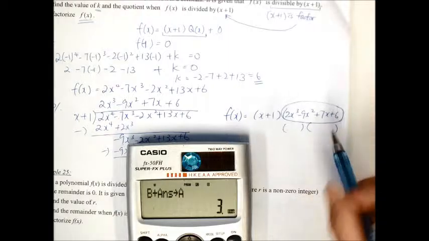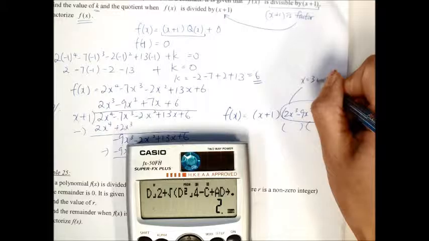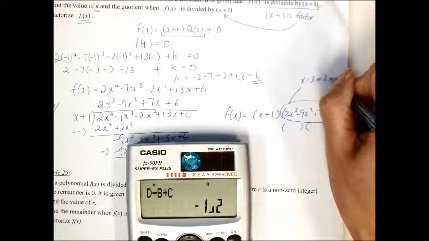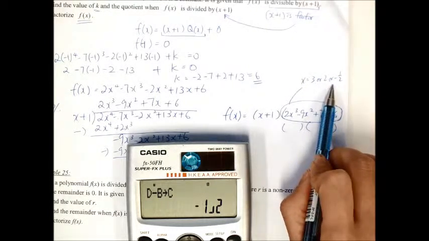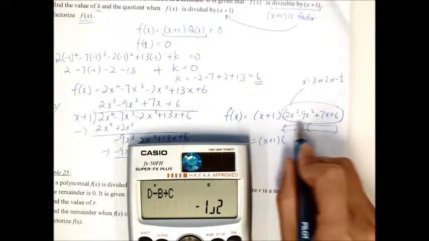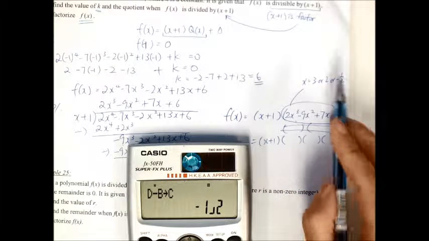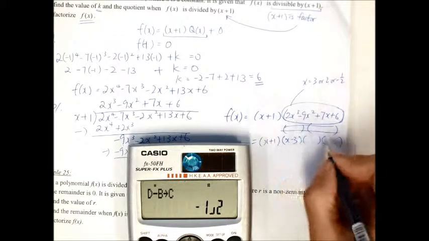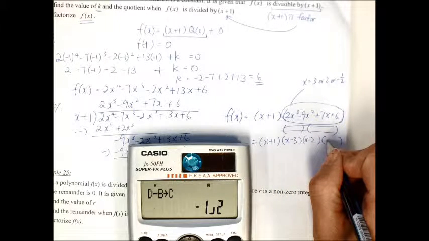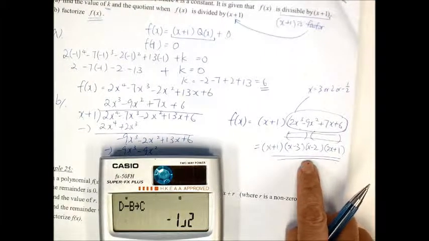Okay, so I'm going to have the calculator give me the x will be 3, 2, or half. So in this cheating method, I can write my 3 roots out from the calculator answer, which are x minus 3, x minus 2, and 2x plus 1. And this is the completed factorization of the function.